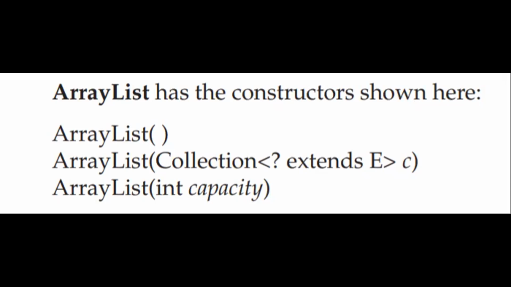The first one is the empty array list. The second one is an array list built from any collection. We can pass a collection itself, and whatever elements are present in that collection get added into the array list. The third constructor builds an array list with an initial capacity. Capacity is the size of the underlying array used to store the elements.